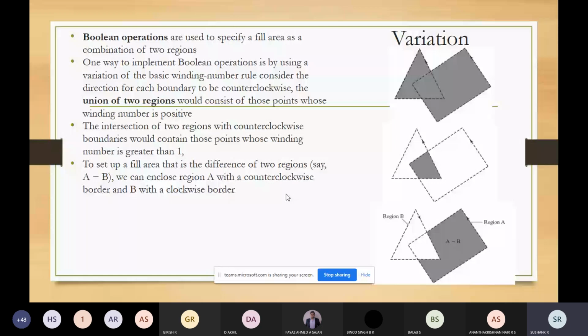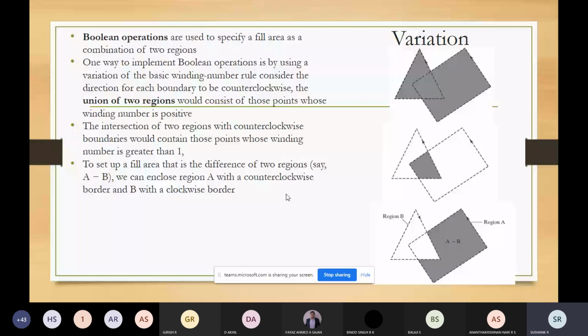The second one is the intersection. The first one is the union of two regions, which consists of the points where the winding number is positive. The second is the intersection of two regions, which contains the points where the winding number is greater than one. The last one is the difference between two regions, where region A will be in the anti-clockwise direction and B in the clockwise direction.